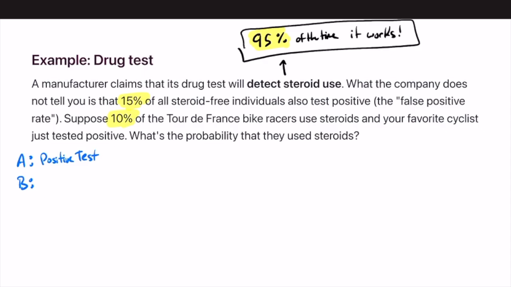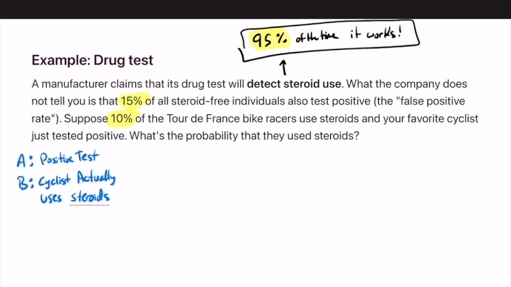And B is going to be the person, the cyclist, actually uses steroids.